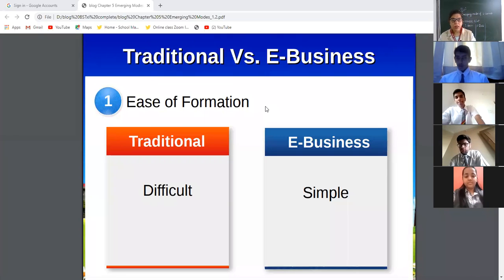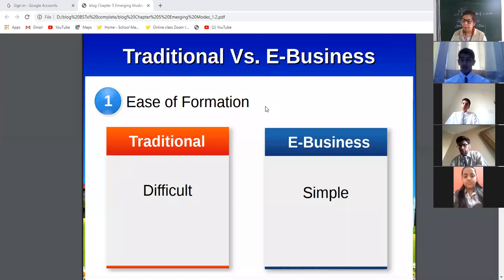Now e-business. The formation of e-business is very easy and simple, my dear children. How can you say it? See, for e-business, we don't know the place where they are situated. Only one computer, and if the business grows, they will increase more setups with internet connectivity, and one operator is sufficient to start the business.